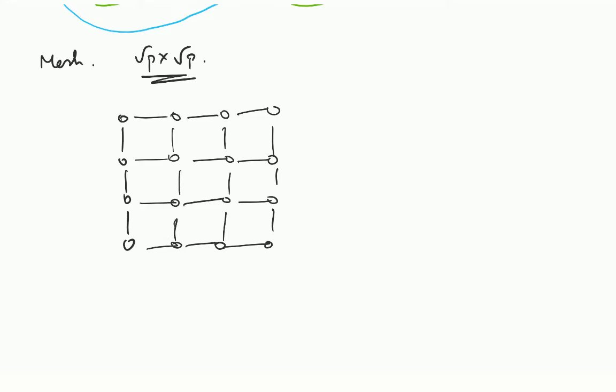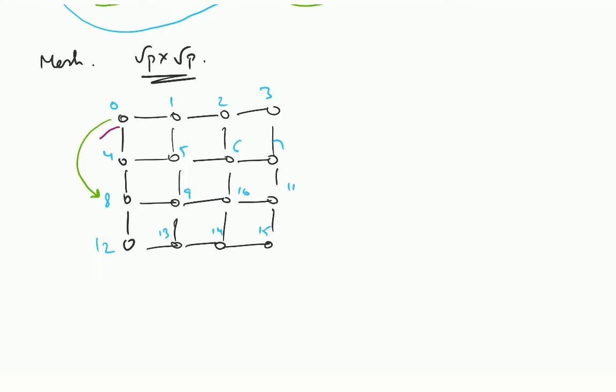So I'm going to number them like this: 0, 1, 2, 3, 4, 5, 6, 7, 8, 9, 10, 11, 12, 13, 14, 15. Okay. Now let's see what happens in the first iteration. 0 sends to 8, right? So it's going to send over here. What happens in the second iteration?